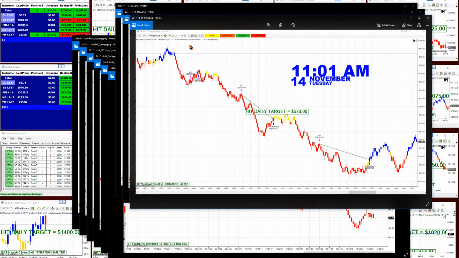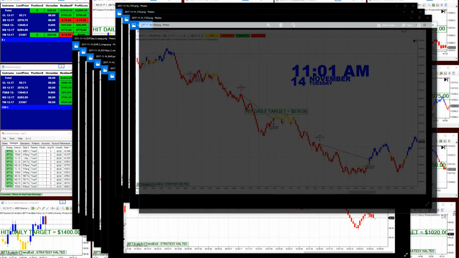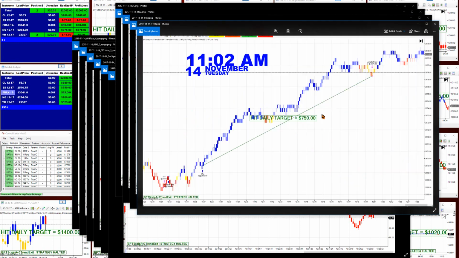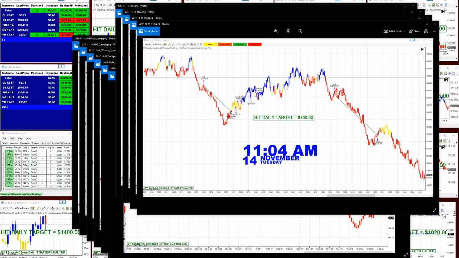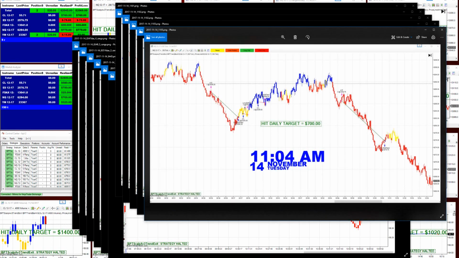And this is the NASDAQ 4 range. Started at 9:30. We are done at 11 o'clock. Fair enough. This one here, NASDAQ 150 take. We're done at 11:04. It's the same one.